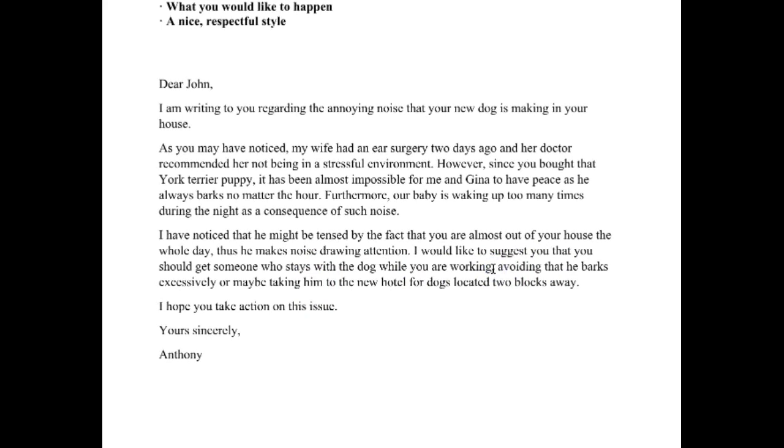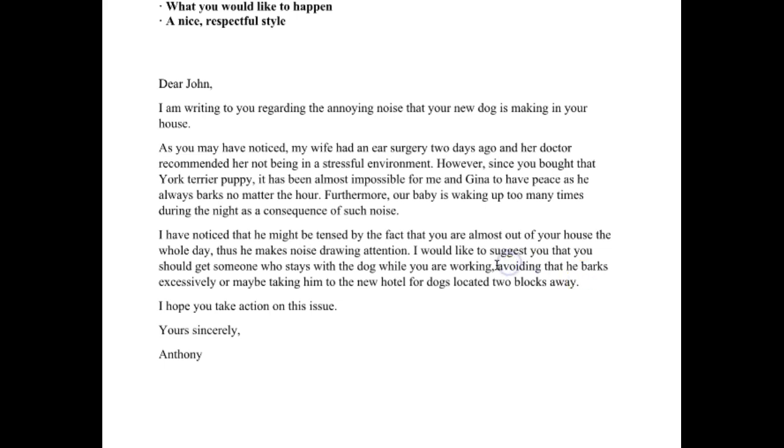It's the dog that is the subject here, or reducing his barking excessively, or maybe taking him. You're working, comma, thus reducing his barking, his excessive barking, or maybe you could take him to the new hotel for dogs located 2 blocks away.